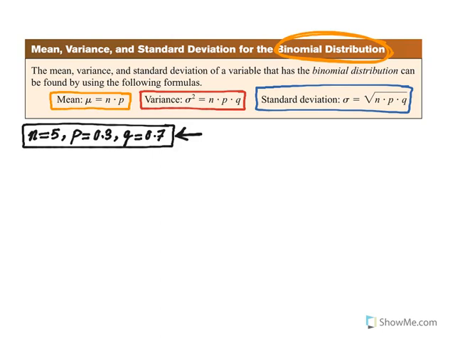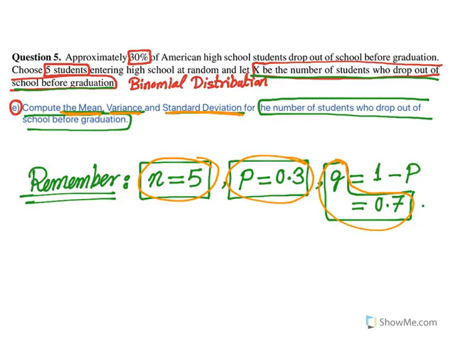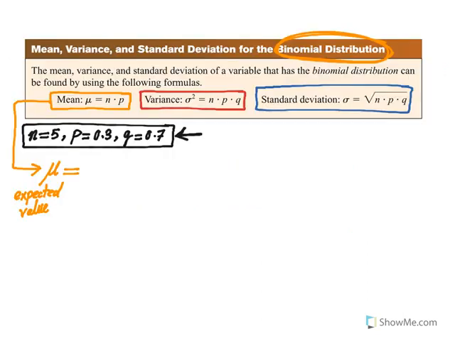So let's start with the mean, mu. So it's called the mean. Remember also that we call it the expected value. This is the expected value of x, where x, remember, x is the number of students who drop out of school before graduation. So what do we expect? It's good to know what is the expected value. On the other hand, we also call it the mean when we do probability distributions.